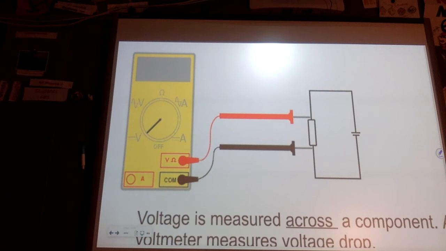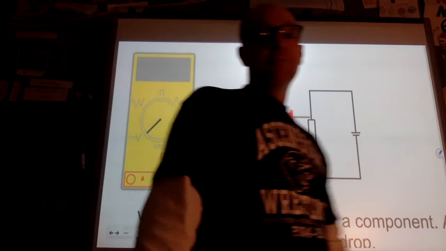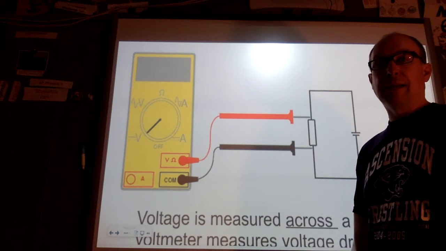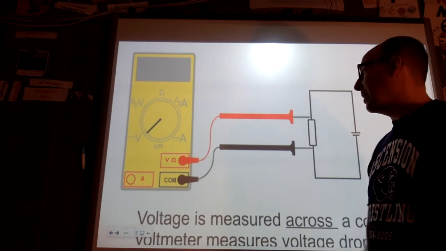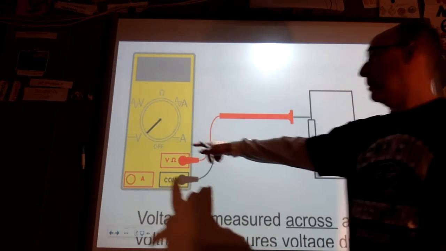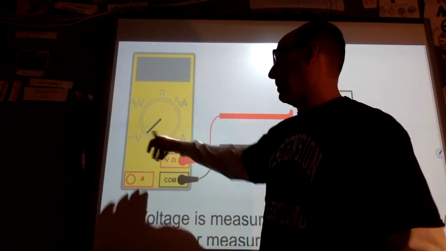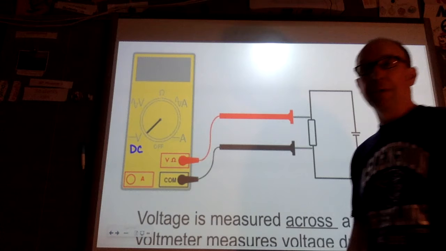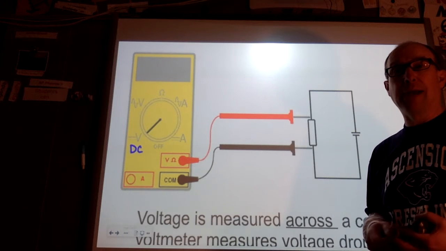So here's a picture of us measuring voltage, which is going to be very similar to measuring resistance, except this is going to be a closed circuit. And what you're measuring here, we have V, we have the straight line there. That tells us that it's direct current voltage, which is what we're going to be dealing with because we're going to be dealing with 9-volt batteries.